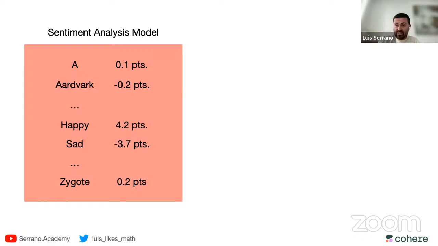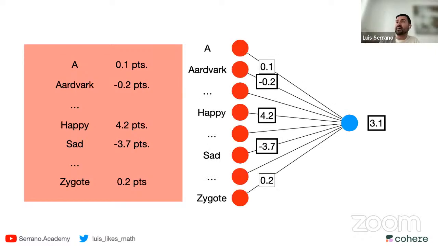So this is actually a neural network, a very simple neural network, and it's going to look like this. Let's say that the first word is aardvark and the last one is zygote in the dictionary. I'm going to put all of them and the score of each word on the edge corresponding to it.